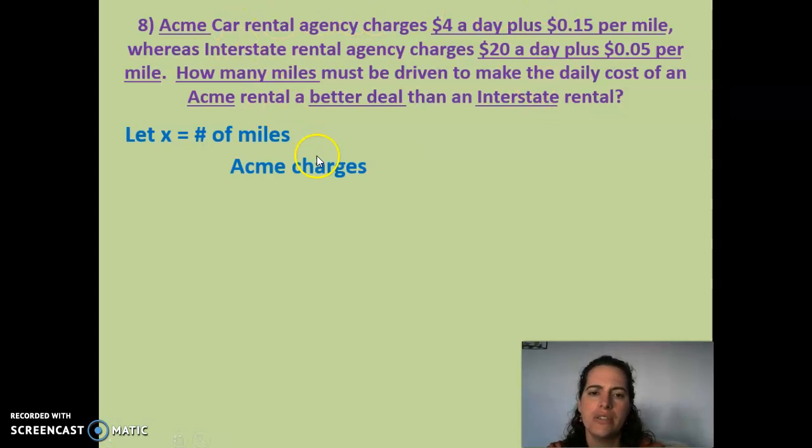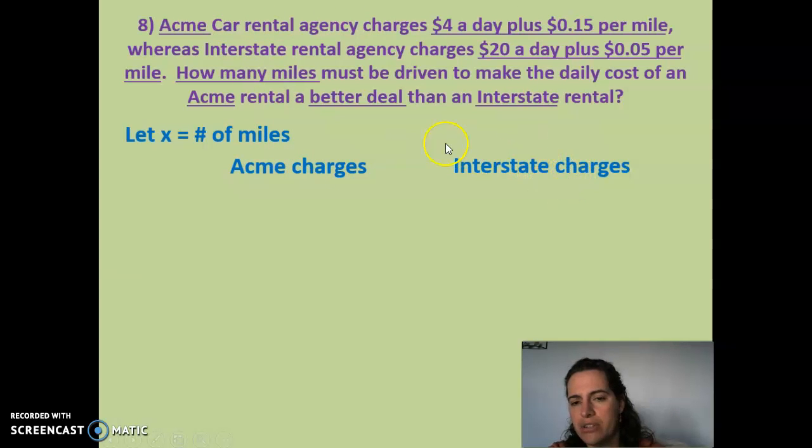Whatever Acme charges compared to whatever Interstate charges, we do want Acme to be smaller, because we've got to make, how many miles must be driven to make the daily cost of Acme a better deal than Interstate. So let's put a less than symbol in there. The Acme charges need to be less than the Interstate charges.